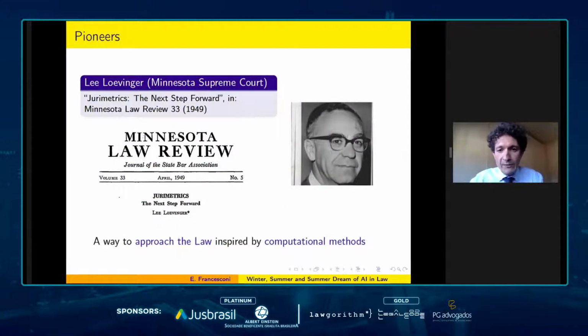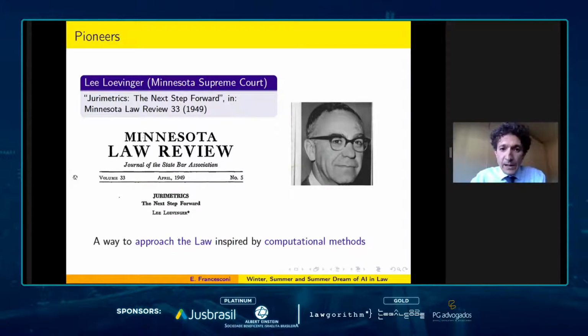We all know that everything started with the famous article of Lee Loevinger of the Minnesota Supreme Court on jurimetrics, which underlined a way to approach the law inspired by computational methods.